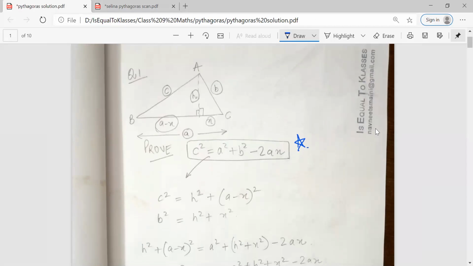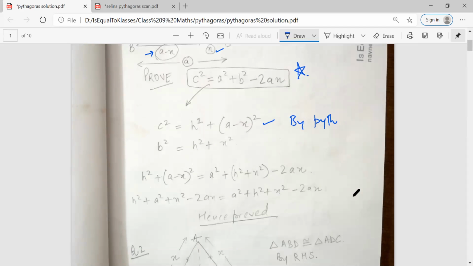Now, what I do is, I consider the value of c squared. The value of c squared would be h square plus a minus x whole square. Any doubt about this? No, sir. By Pythagoras. Again, the value of b squared would be h square plus x square. Any doubt about this? No, sir. Okay.